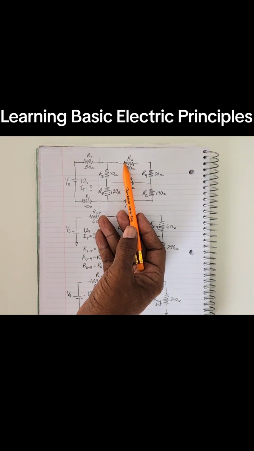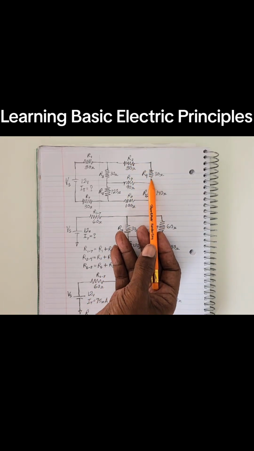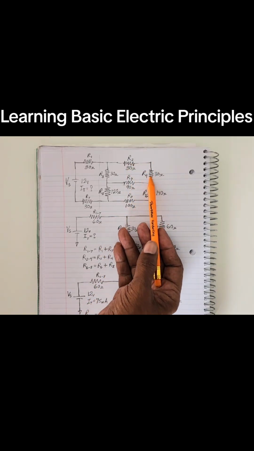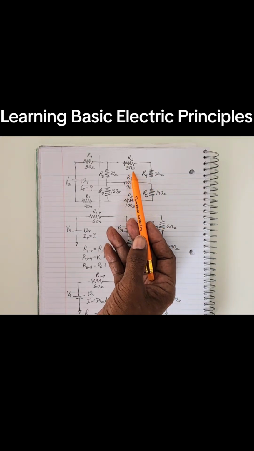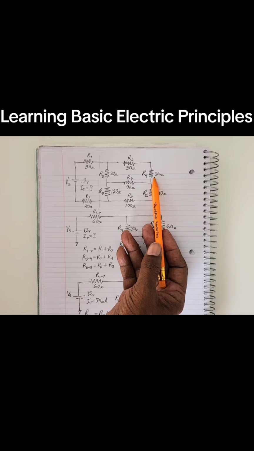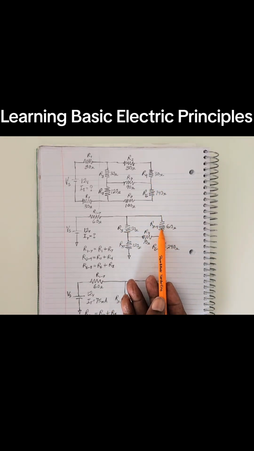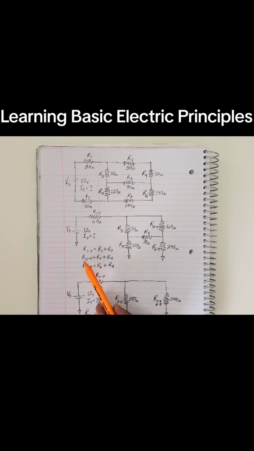Look here. We have a series resistance here. 30 and 30 is 60. So we get 60. So R sub 2, 4, resistances 2 and 4 added together.